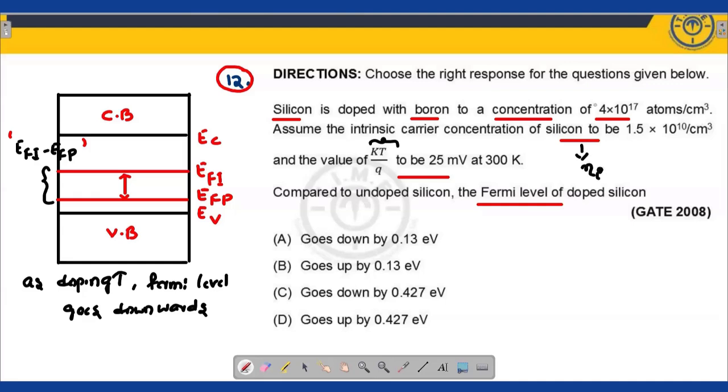And here, what is this 4 into 10 power? This is equal to Na.